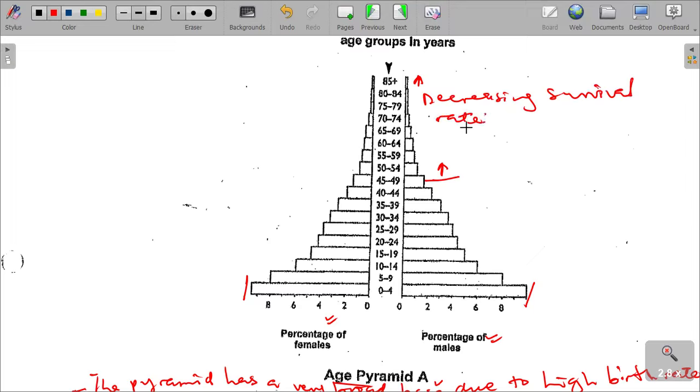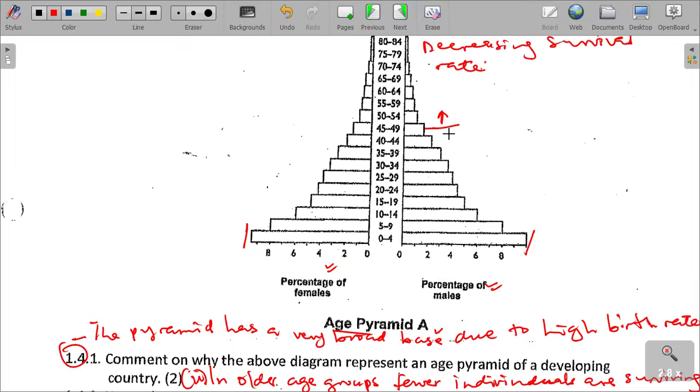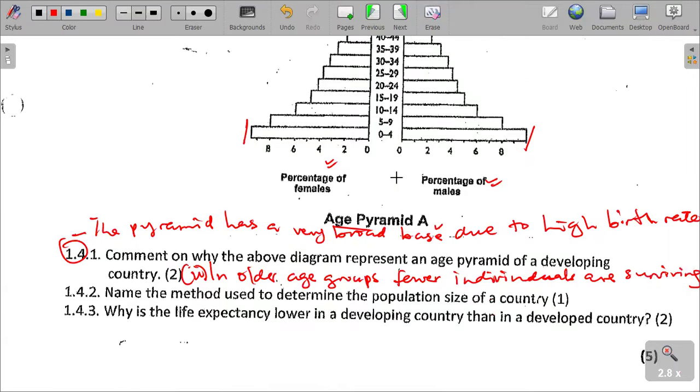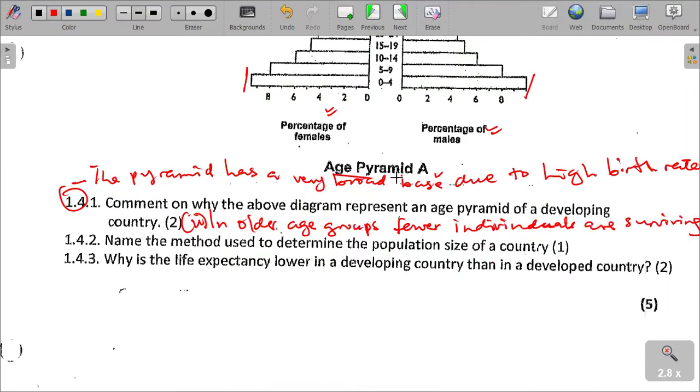This is due to quite a lot of factors. It can be because of poor hygiene, poor health facilities, and heavy work that people are doing, which can also cause them to get old, suffer and die early. It also relates to poor mechanization, which makes people work in industries and workplaces that are difficult.